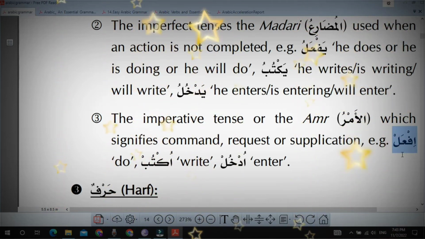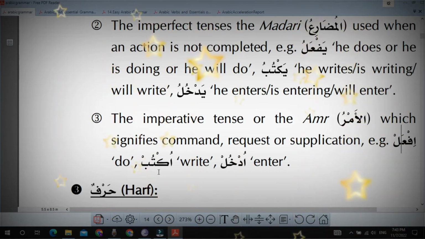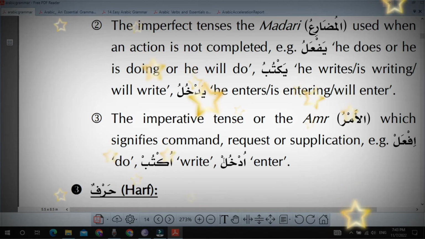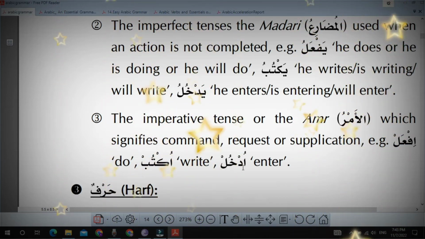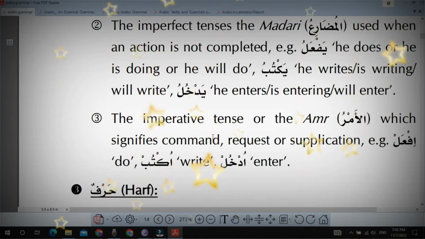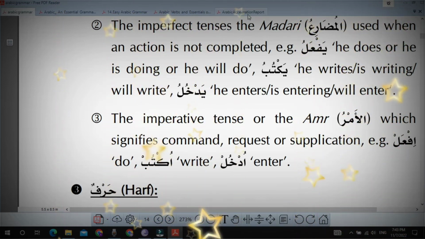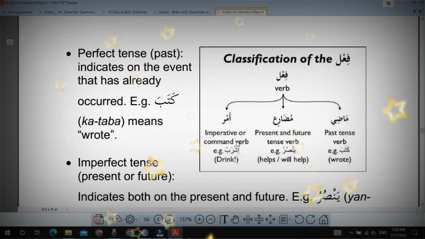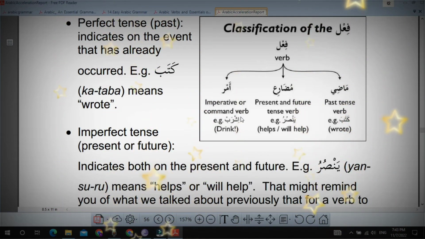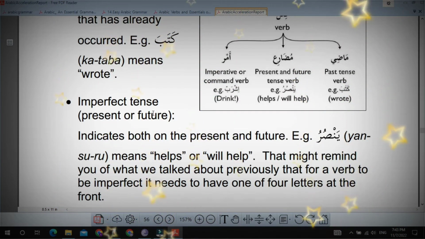For example, we have the example if'al. The meaning of if'al is do. Uktub. The meaning of uktub is write. Udkhul. The meaning of udkhul is enter. So the third kind of the Arabic term fi'l is amr, al-amr, imperative or command verb.